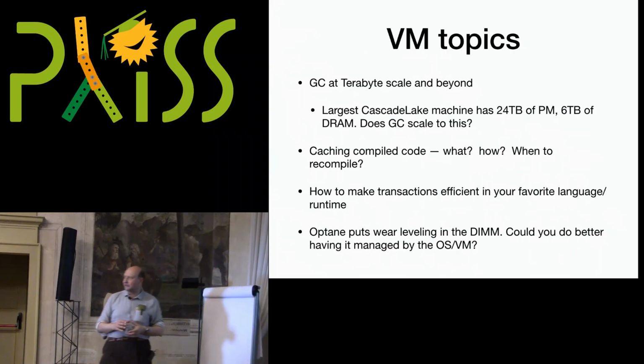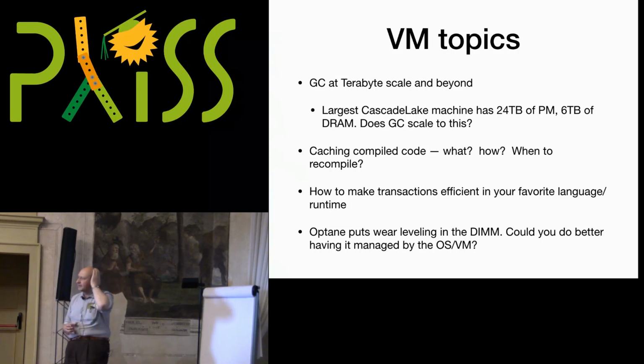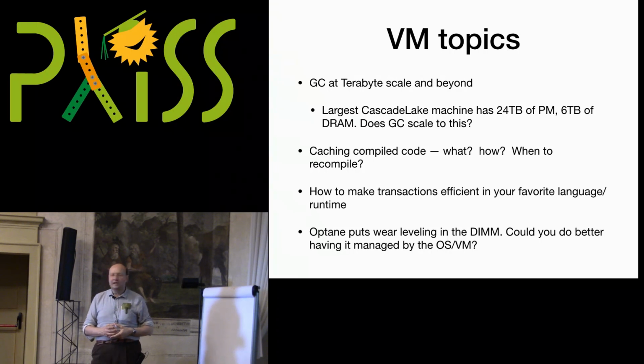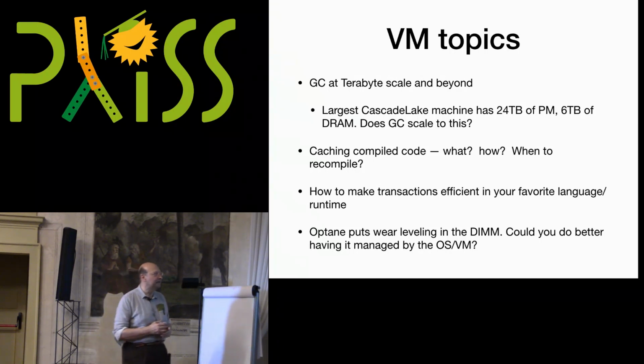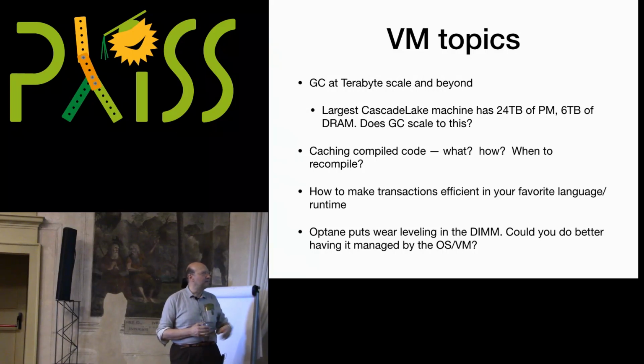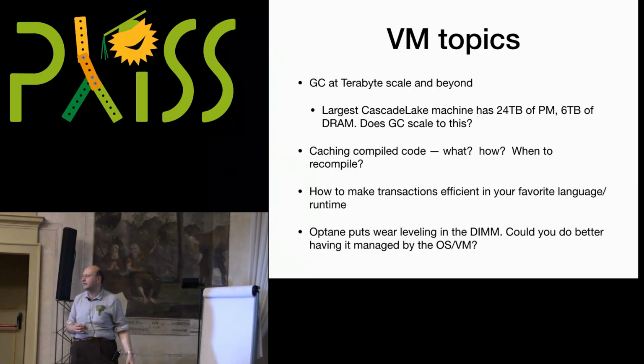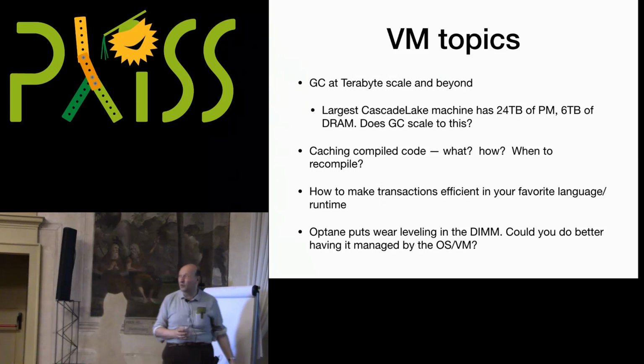At the low level, there's a whole bunch of VM topics to look at. Once we're doing GC at terabyte scale and beyond, there are real challenges in making that run as efficiently as you need. The current biggest machine you get with persistent memory is 24 terabytes, but I bet it won't be long before there's a petabyte machine out from some third party that does the interconnect and the engineering, because someone will want that right away.